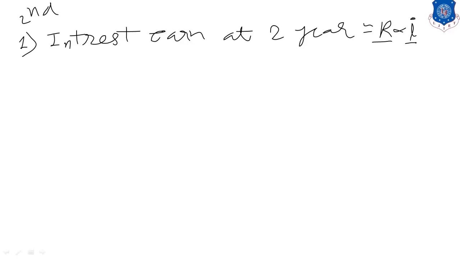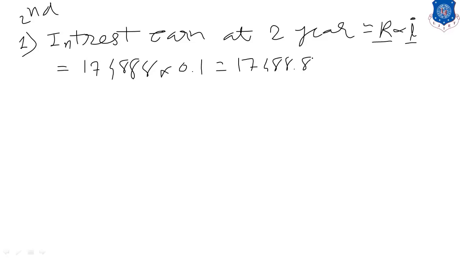That can be given by R multiplied by I. So R, the value of R, or we can say the value of annual depreciation, which is 174,888 multiplied by 0.1. So it becomes the interest on the first year depreciation, or we can say the interest at second year depreciation, which becomes 17,488.8 rupees.